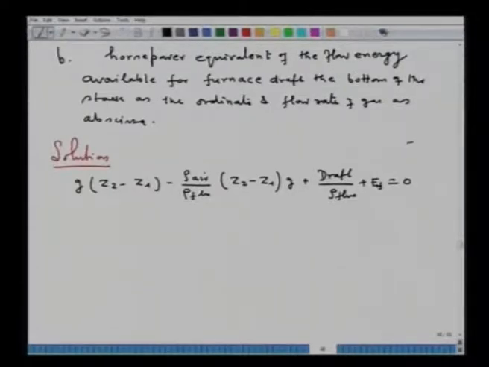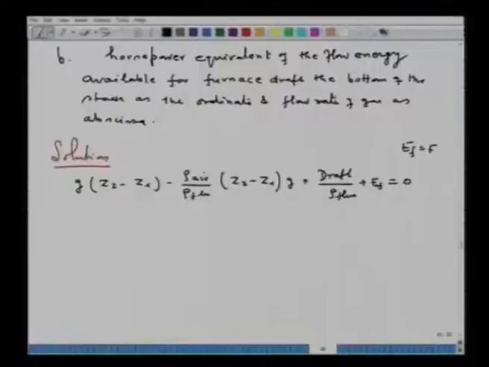EF you can also write as F, the frictional force; it does not matter. Now in this expression everything is known; all that you have to do is put it in proper units. So rho flue gas you have to calculate, rho air you have to calculate at the appropriate pressures.